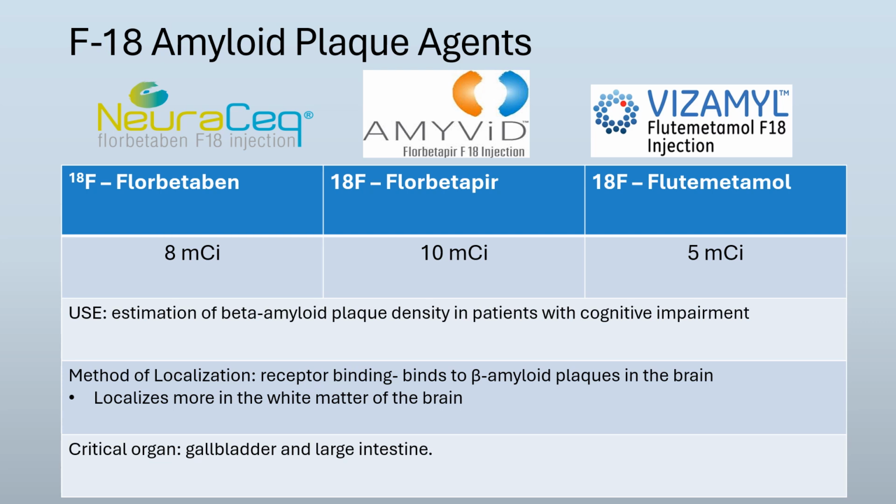These are all beta amyloid plaque agents, and they're used for the estimation of beta amyloid plaque density in patients with cognitive impairment, such as dementia or Alzheimer's disease. Method of localization is receptor binding because it binds to the beta amyloid plaque in the brain, and it localizes more in the white matter. The critical organ is the gallbladder and the large intestine.